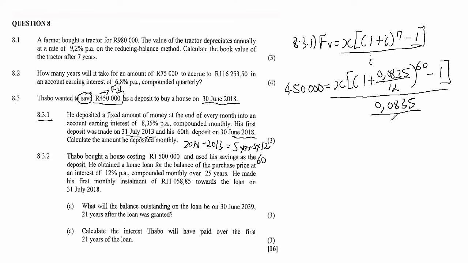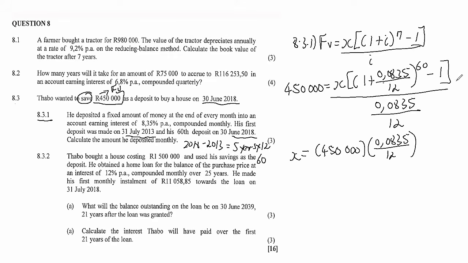0.0835 over 12, right? Now to calculate the X, we have already spoken about this. I said you take this one, cross multiply it with that, and then bring all this here to the denominator. So we have 450,000 cross multiplied with the 0.0835 over 12.